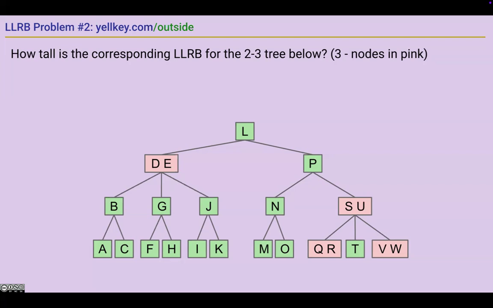Oh, how tall? What do you mean, how tall is it? Are we talking like black node distance or like red? No, so this one is the red, like black and red, right? Because we know theoretically how many black nodes will there be to every leaf?